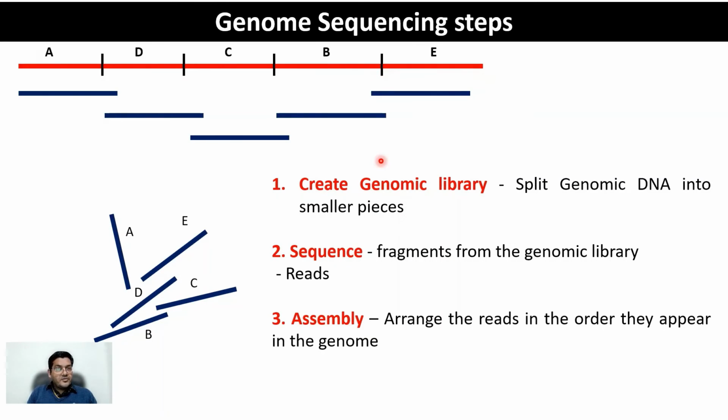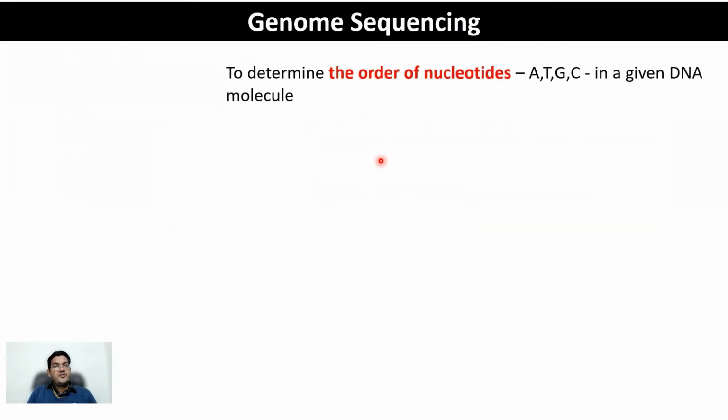So now coming back to genome sequencing, what is sequencing? Sequencing essentially is to determine the order of nucleotides in a given piece of DNA, right? And our given piece of DNA here is the genome, or one full complement of genetic material in an organism.